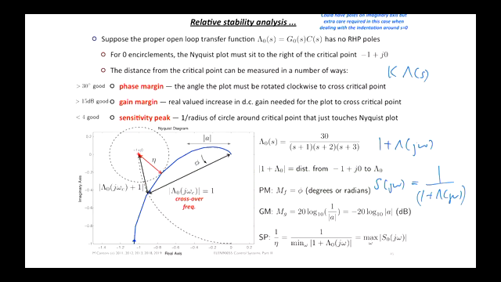And it'll correspond not to this frequency, not the crossover frequency in this case, but another frequency, all right? And because the output sensitivity function is just 1 on 1 plus lambda, then if that's where 1 plus lambda is smallest, it's where S will be largest, okay? And so how close we are to the critical point is giving us some kind of indication of how much peaking we might get in the sensitivity function, all right?